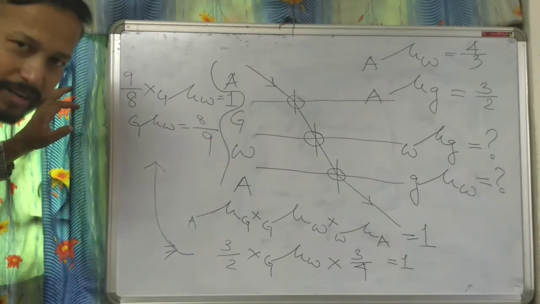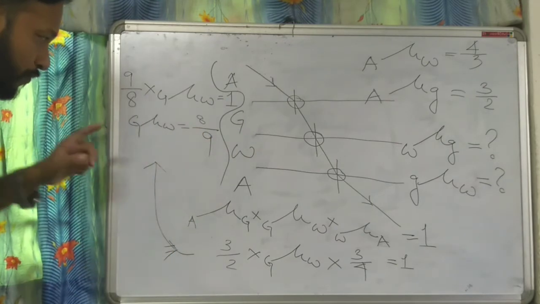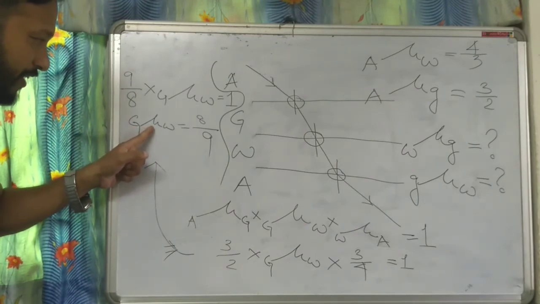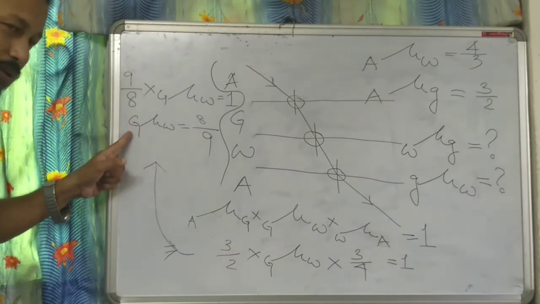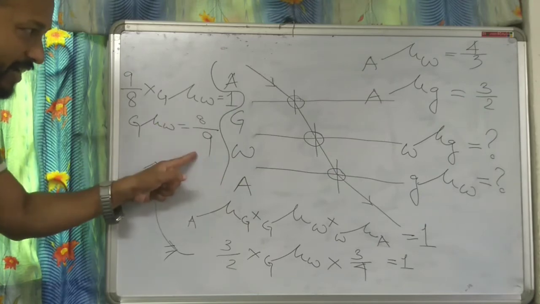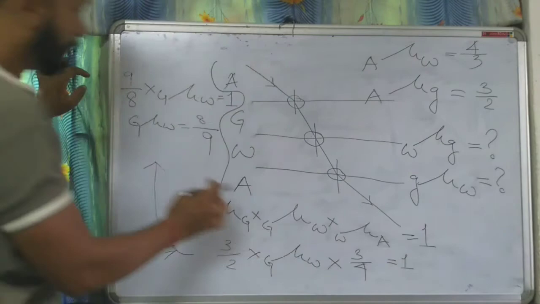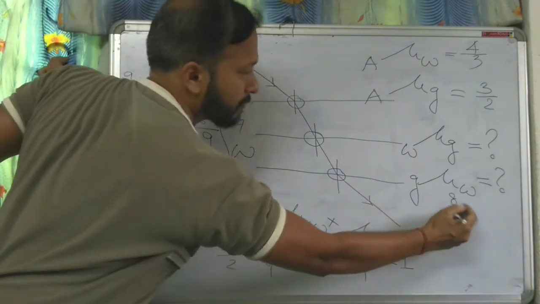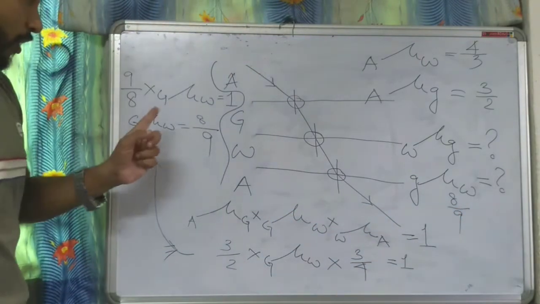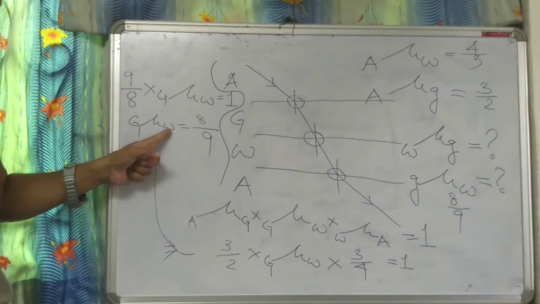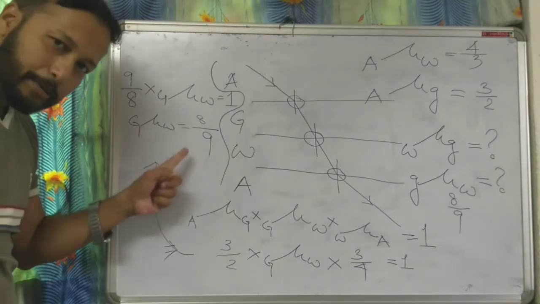So 8/9 we are getting. Understood? So we got the refractive index of water with respect to glass is 8/9. So we got this value, 8/9.